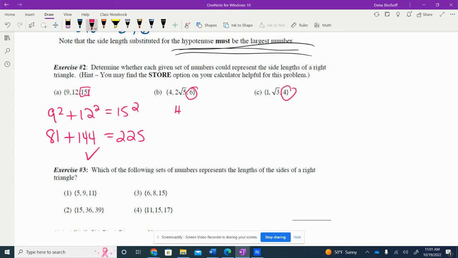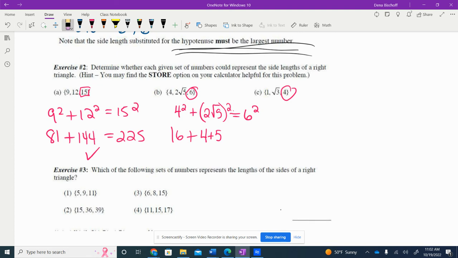So let's see. 4 squared plus, I'm going to put this in parentheses, 2 root 5 squared equals 6 squared. So I know 4 squared is 16. I'm going to break this up. 2 squared is 2 times 2, or 4. And the square root of 5 squared is 5. So 2 root 5 squared.